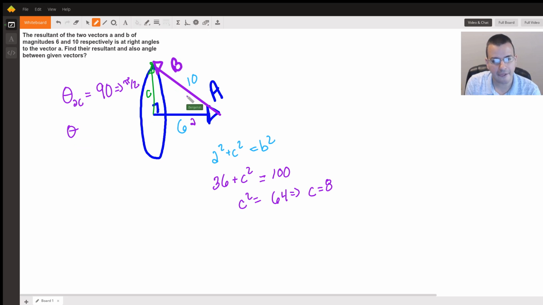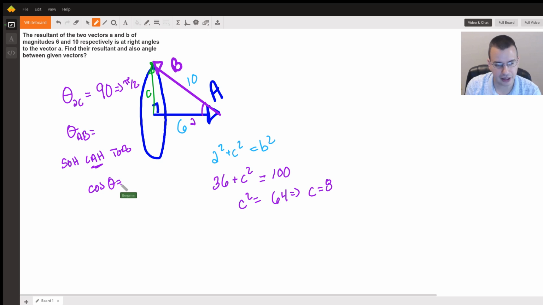Then the next one would be theta up here, BC. We're going to do theta angle AB instead, and we'll use trigonometric rules. So we have SOHCAHTOA, and for this one, we'll use cosine. Though we know all the angles, so we could use different ones.